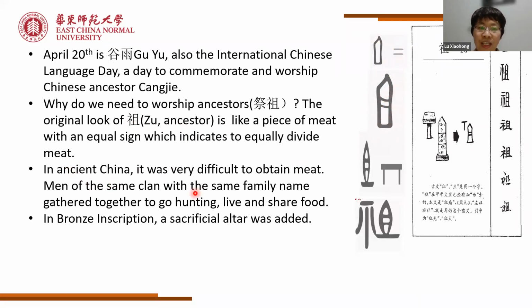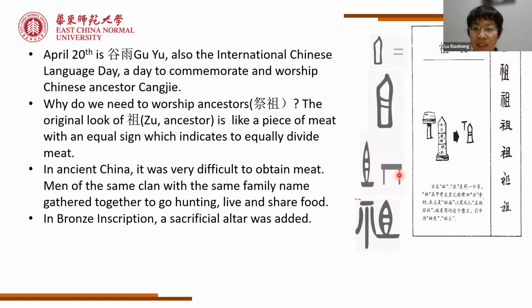So in ancient China, it was difficult to obtain meat. So men of the same clan with the same family name gathered together to go hunting, live and share food. In bronze inscription, a sacrificial altar was added. Here is the bronze inscription.